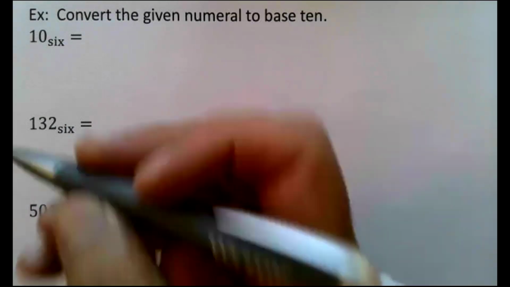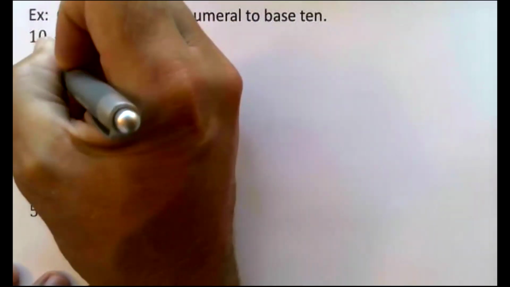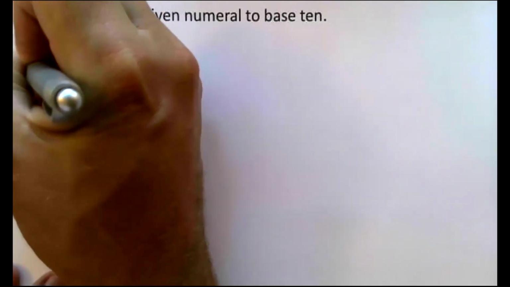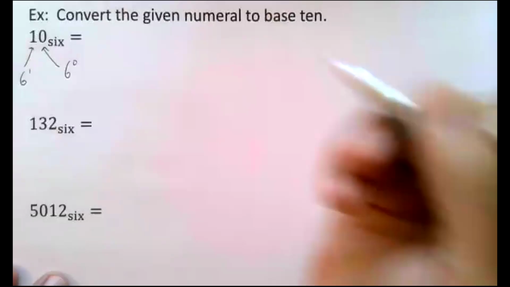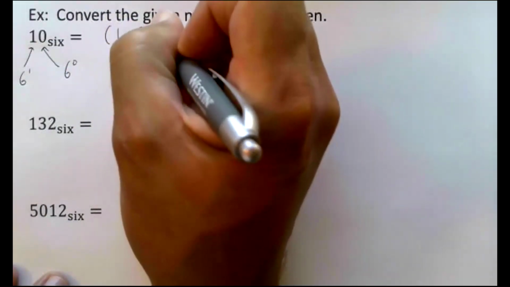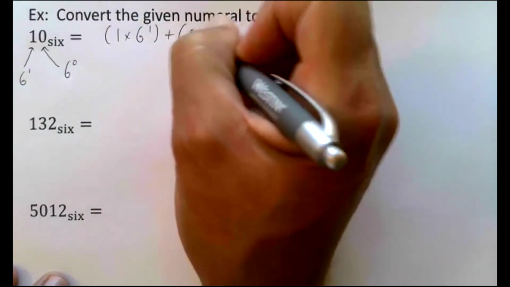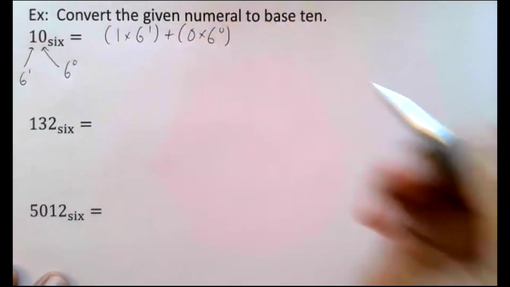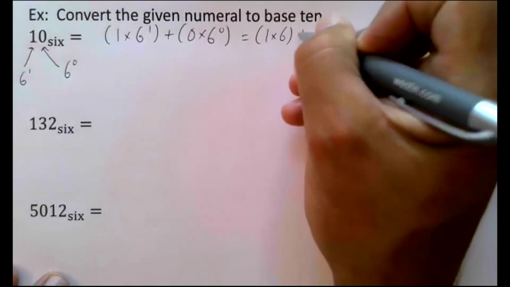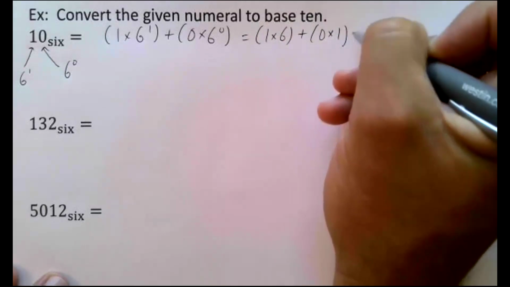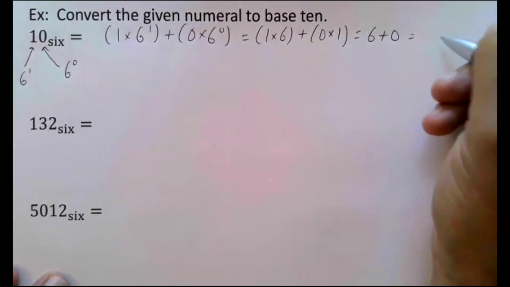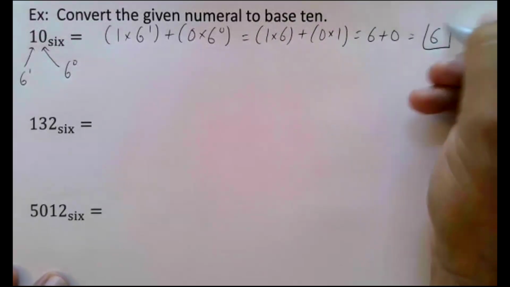So now we're talking base 6. So now these go up by powers of 6. This is my 6 to the 0's position. This is my 6 to the 1st power's position, and so on. This is saying I have 1 set of 6 to the 1st plus 0 sets of 6 to the 0. This means I have 1 set of 6 plus 0 sets of 1, which just means, of course, 6 plus 0 or 6.